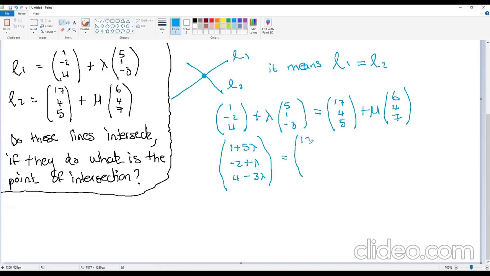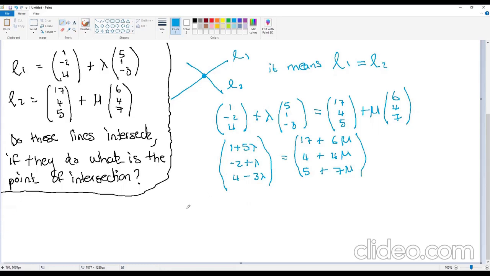It's going to be 17 plus 6 mu, then 4 plus 4 mu, then 5 plus 7 mu. Right?